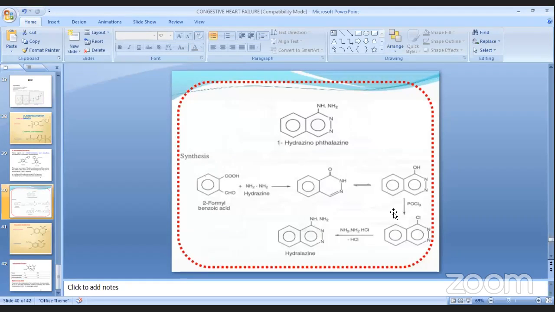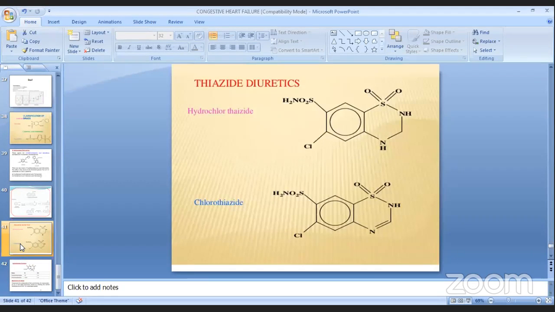These benzoyl derivatives, on treatment with phosphorus trichloride, and then further treatment with hydrazine, you will get hydrazine. This is one of the drugs for the treatment of congestive heart failure.